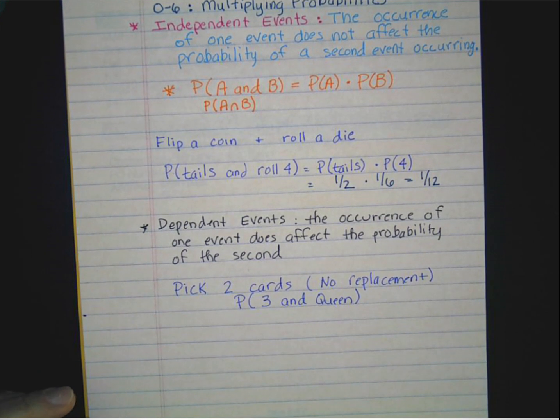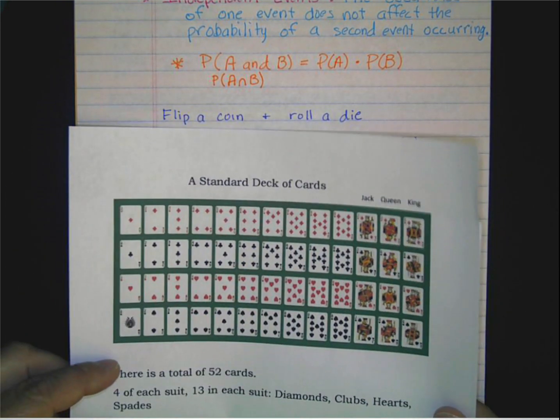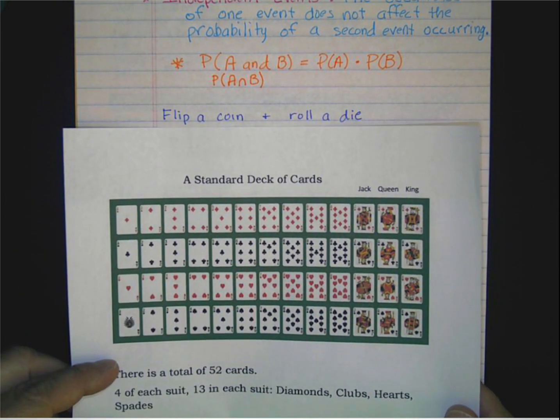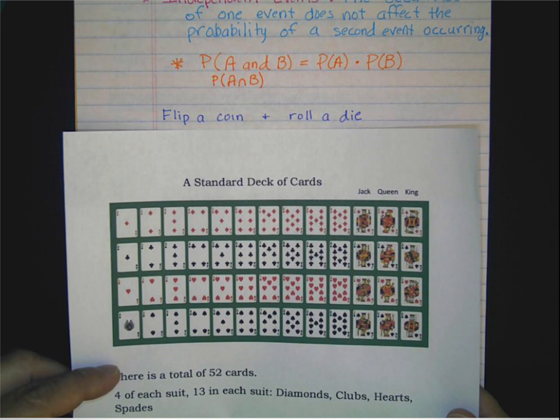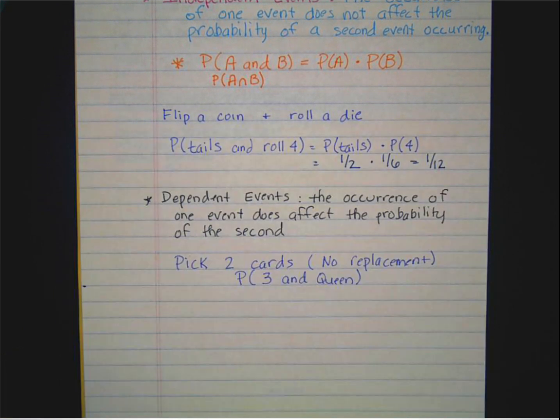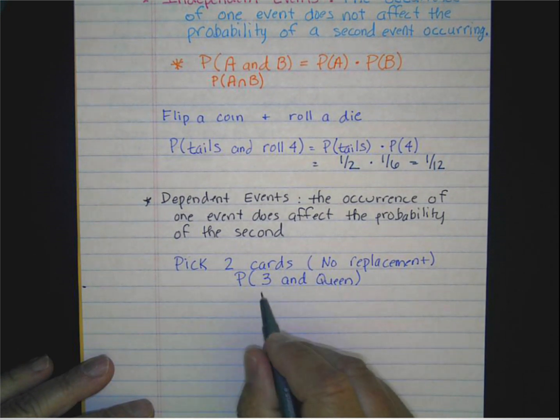So when we're not putting it back in the deck, if you remember our deck of cards, 52 cards, 13 in each suit, 4 suits. I want to know the probability that I can pick a 3 and a queen.